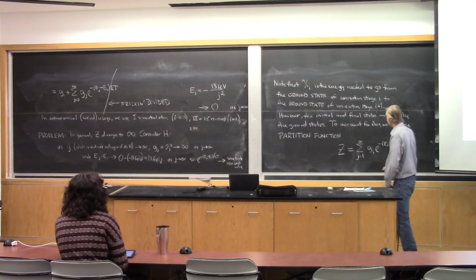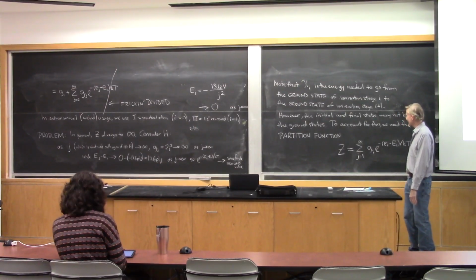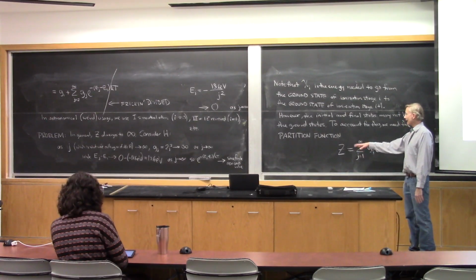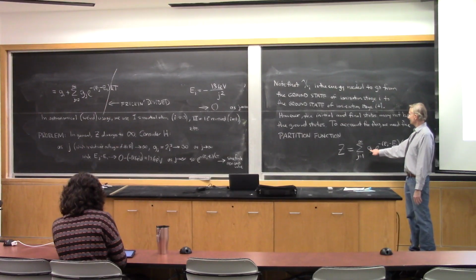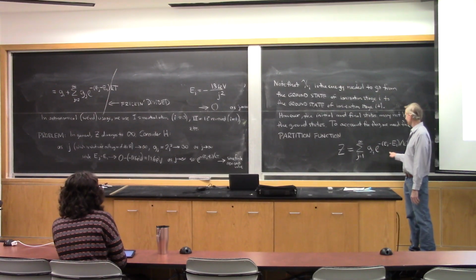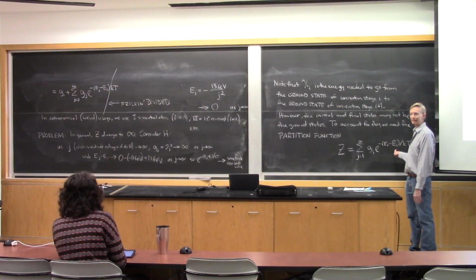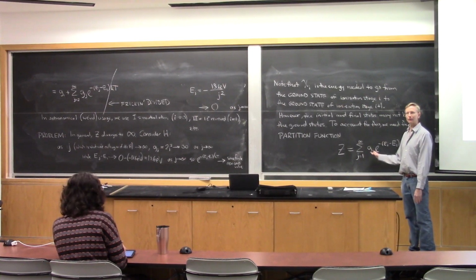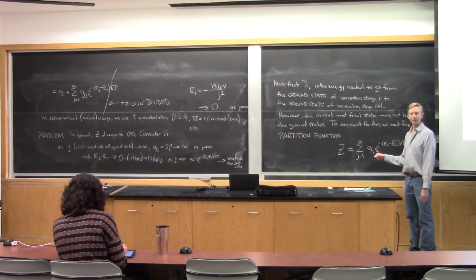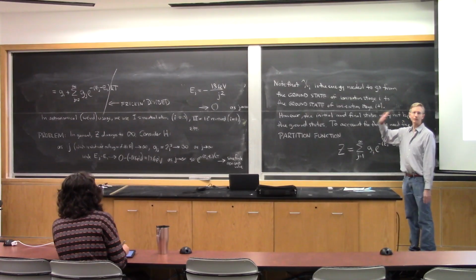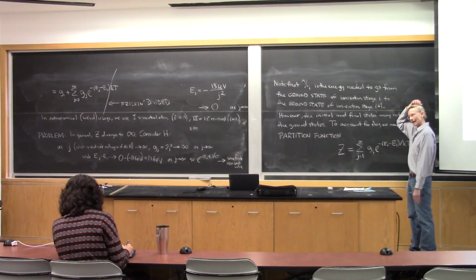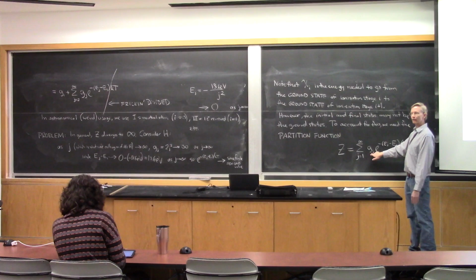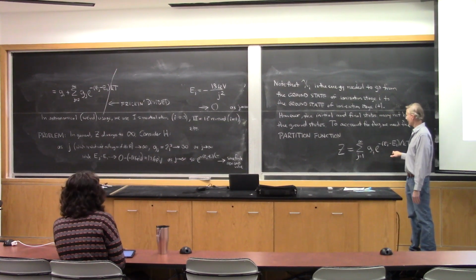And so you can look at this and say, okay, I'm adding a bunch of terms where this piece is going to infinity and this piece is staying finite. And when you add an infinite number of terms that are all going to infinity together, the result is infinite. In other words, this sum blows up and doesn't converge, because I'm adding something that goes to infinity times something that stays finite.